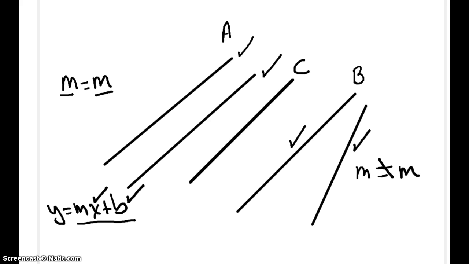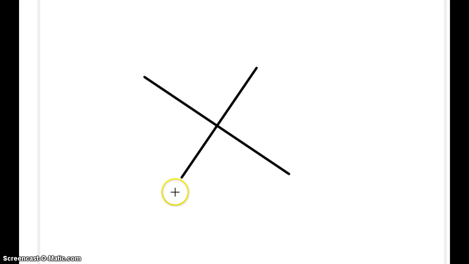Okay, let's take a look at perpendicular lines. Here I have a perpendicular line, and we'll talk about line A and line B. And let's say that line A has a rise of 2 and a run of 1. Well, what we know then is this is a rise of 2 and a run of 1.